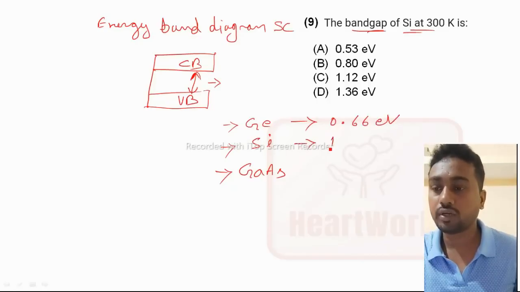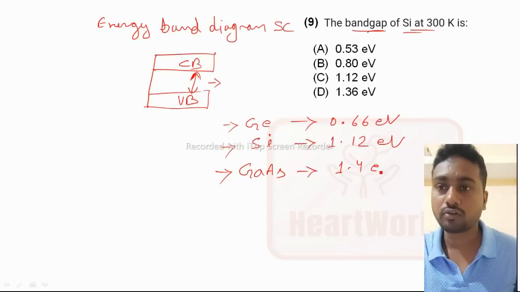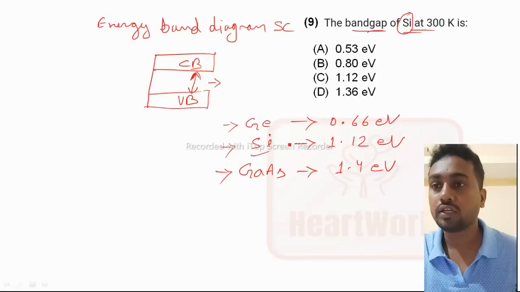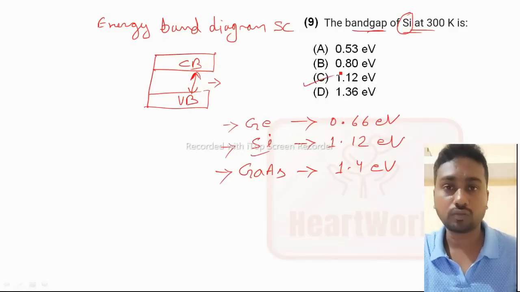For silicon it is 1.12 electron volt. For gallium arsenide it is 1.4 electron volt. You have to remember this; a question may come from any one. Here they are asking for silicon, so it is 1.12 electron volt.